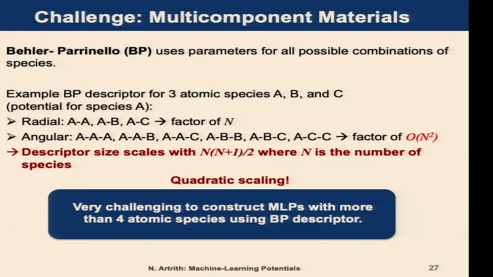I would like to show you, from the experience that I have with the Behler-Parrinello descriptor, especially for multi-component systems, that it uses all kinds of parameters that interact with many different chemical species, which we have to list all as the input or descriptor.